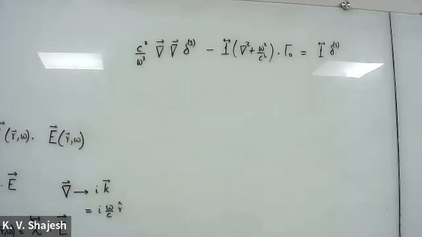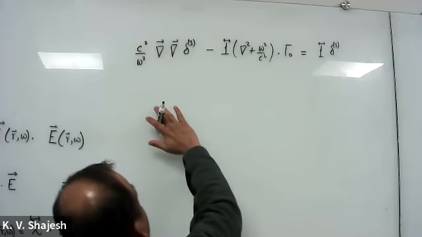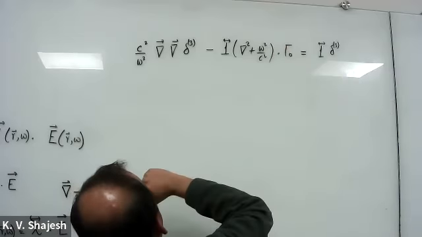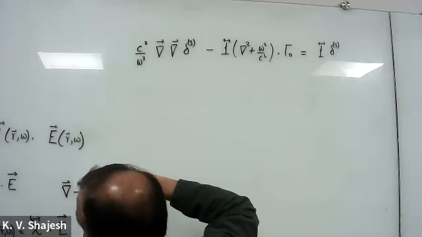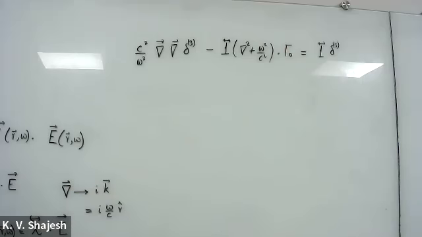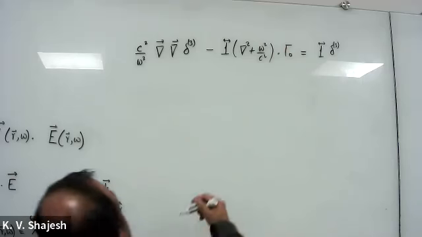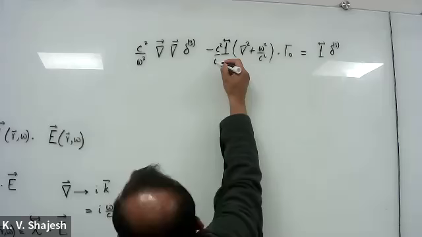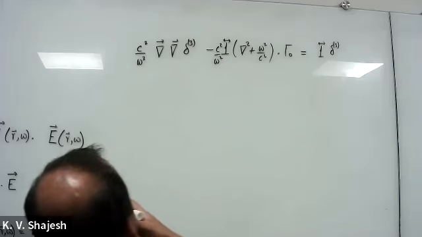Okay, is that clear? Can you explain how you do it? This piece here has a divergence on this. That's this. So I put this in front here. Is that clear? Yeah. Okay. That allows me to take this to the right hand side, all the delta functions on the right hand side, and there is a c square. I should have also written the c square over omega square, right? So that's c square over omega square.